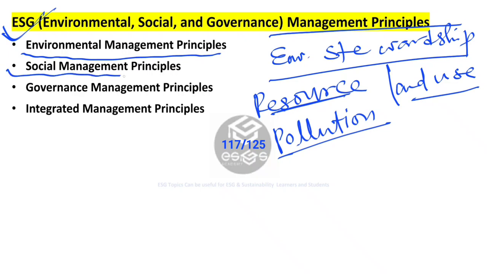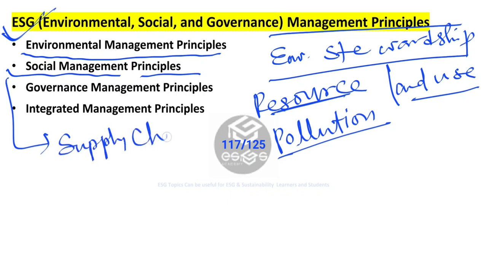The next comes social management principles, and in this we can discuss, let's say, human rights. So respect and support human rights across all the operations as well as supply chain related activities.